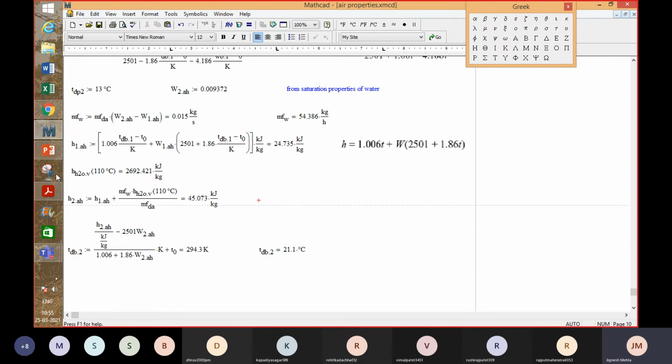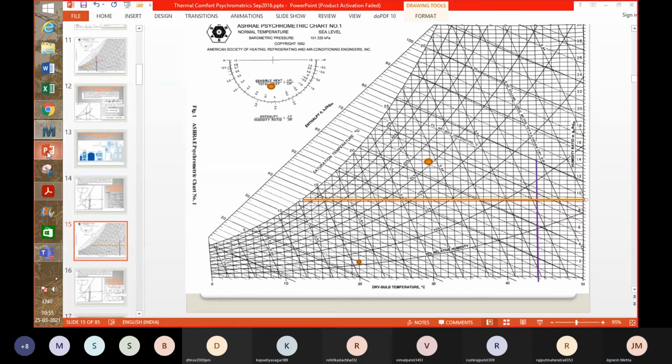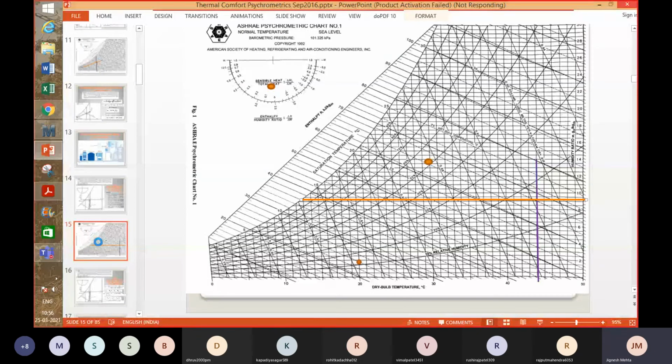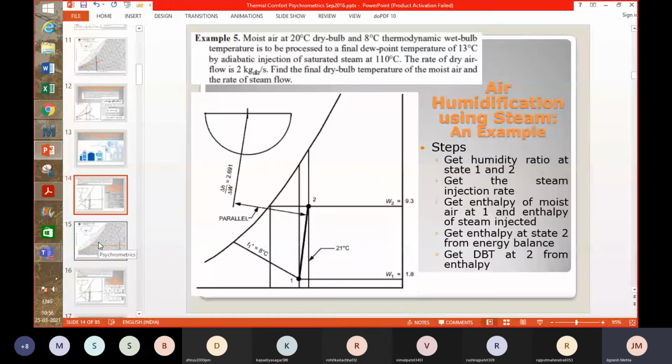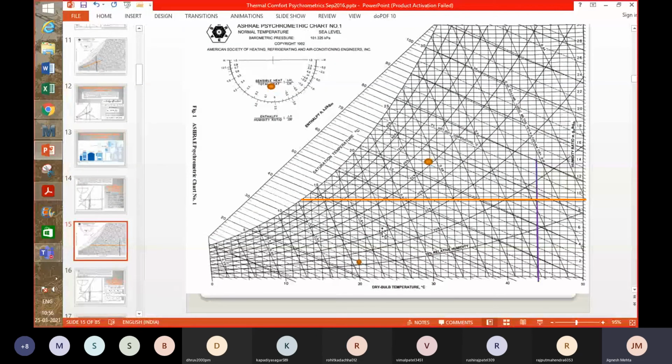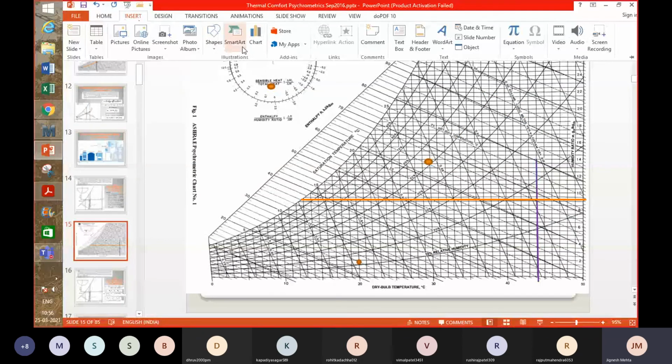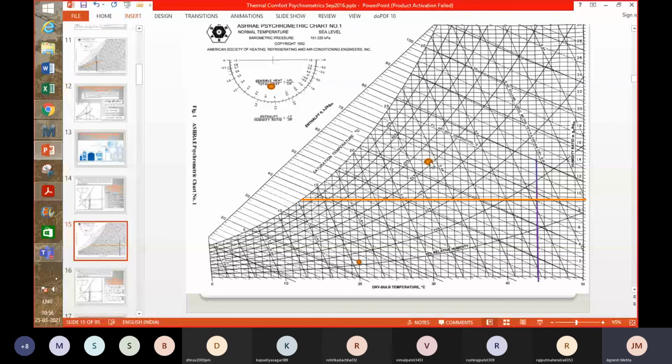So the steam injection process line will be having very high slope, right? Close to 90 degrees. It will not have low slope, as you can see here, and you can also draw it here. This is your initial state, and your final state can be shown because it is 21 degrees Celsius. So you can shift this to 21.1, right?